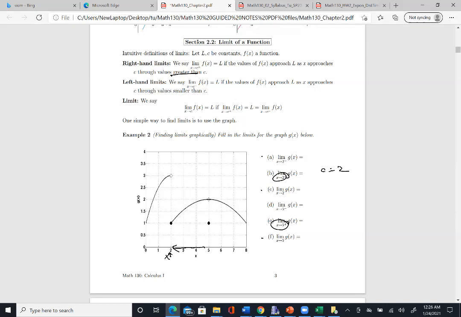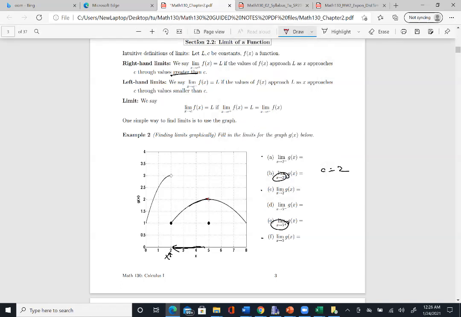It says the limit of f(x) equals L if the value of f(x) approaches L. So according to the value of x going to here, that's the value of y. Let me use the other color.